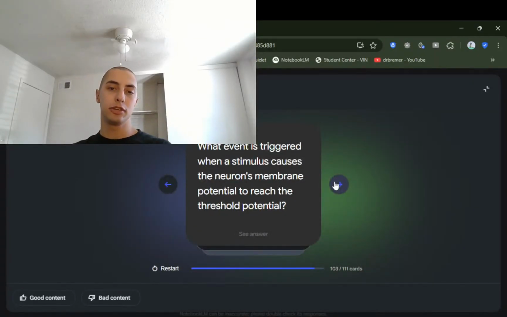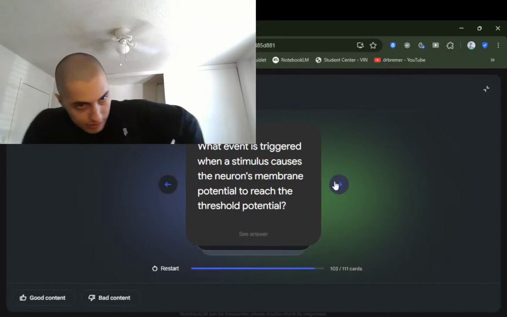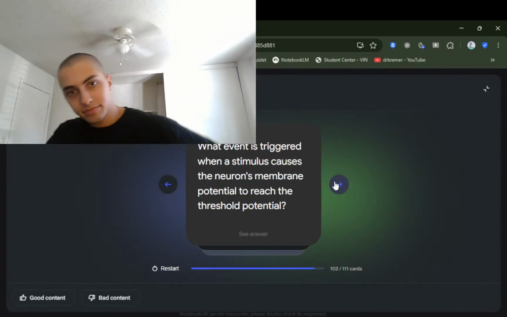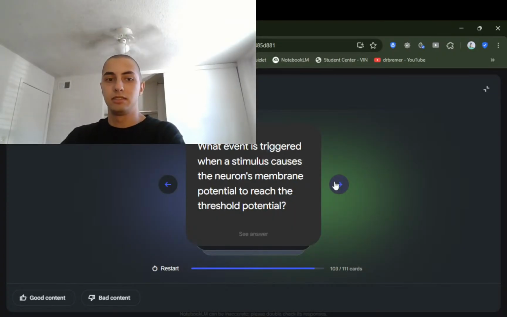What event is triggered when a stimulus causes the neuron's membrane potential to reach the threshold potential? Not too sure.